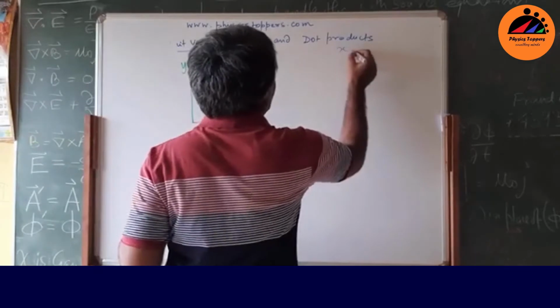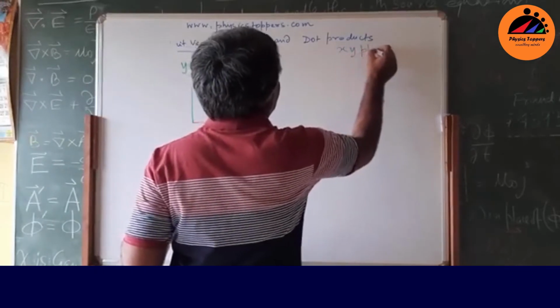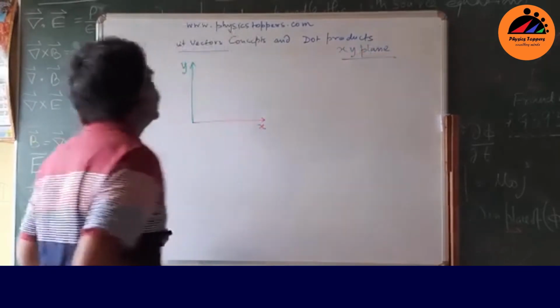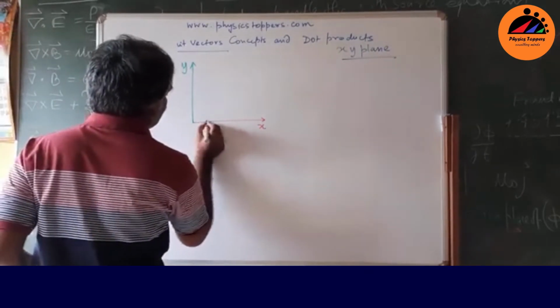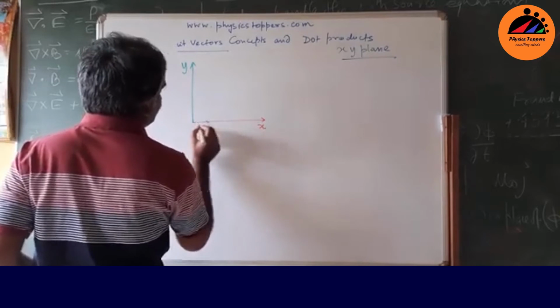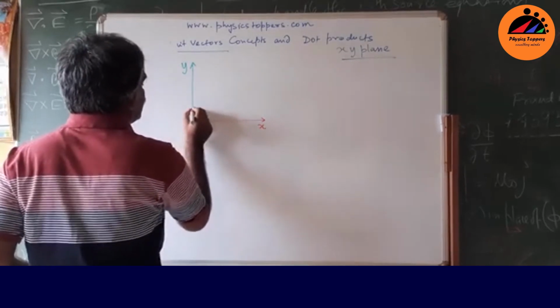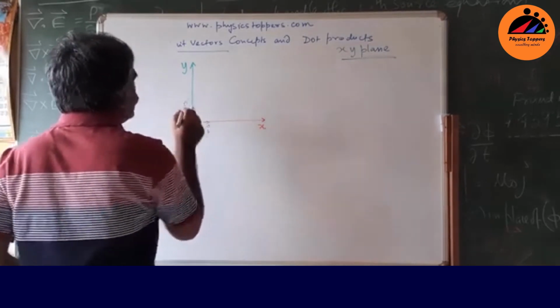This board is an XY plane. And the unit vector along X is I cap, and this is J cap.